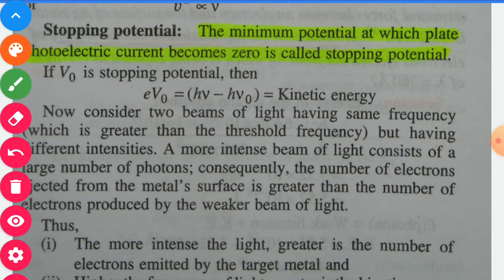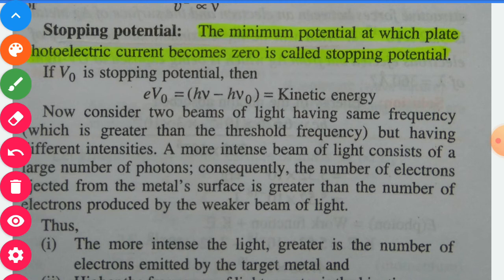So we may say that the number of ejected electrons in the photoelectric effect is directly proportional to the intensity of incident light.